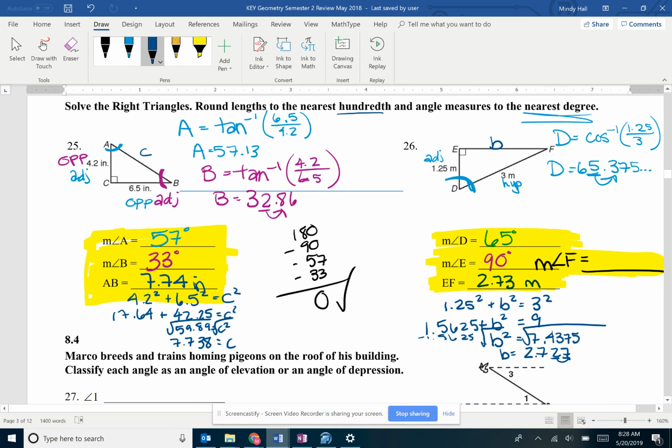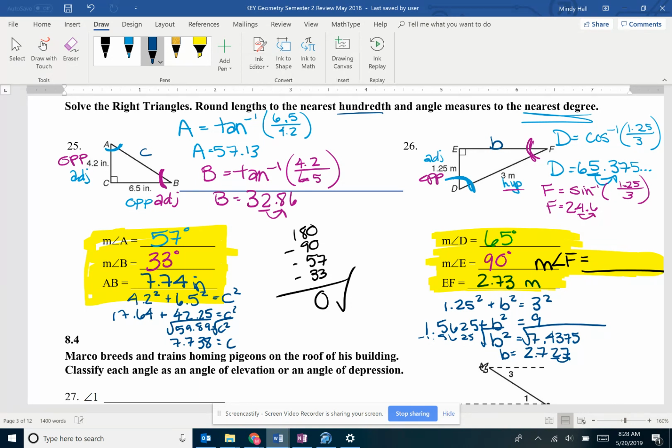So looking at angle F, that's right here. And for F, we have opposite and hypotenuse now. So because it's opposite and hypotenuse, that would be sine. But we're going to use inverse sine because we want the degree. So then it is opposite 1.25 over 3. So you notice the ratio doesn't change, the trig function does. And that's totally fine. 1.25 divided by 3 is 24.6.